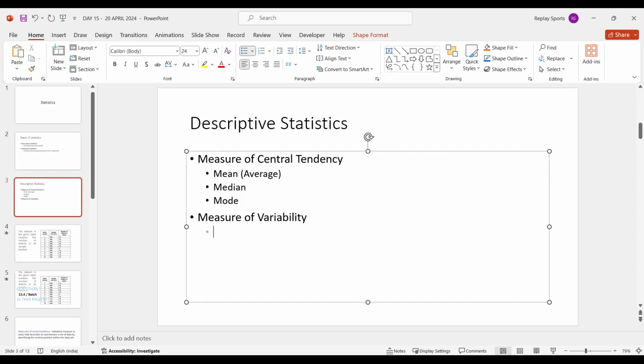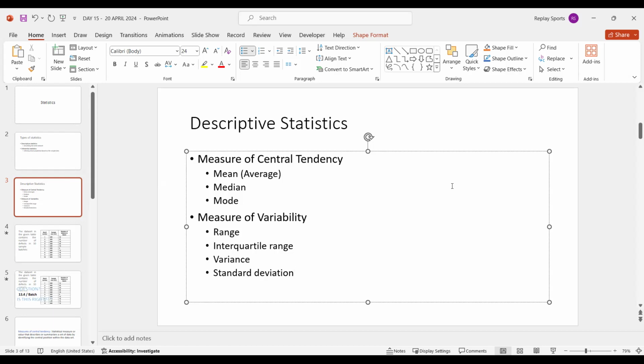Here also you have some metrics: range, interquartile range, variance, and standard deviation. These are the metrics that we cover as part of variability.